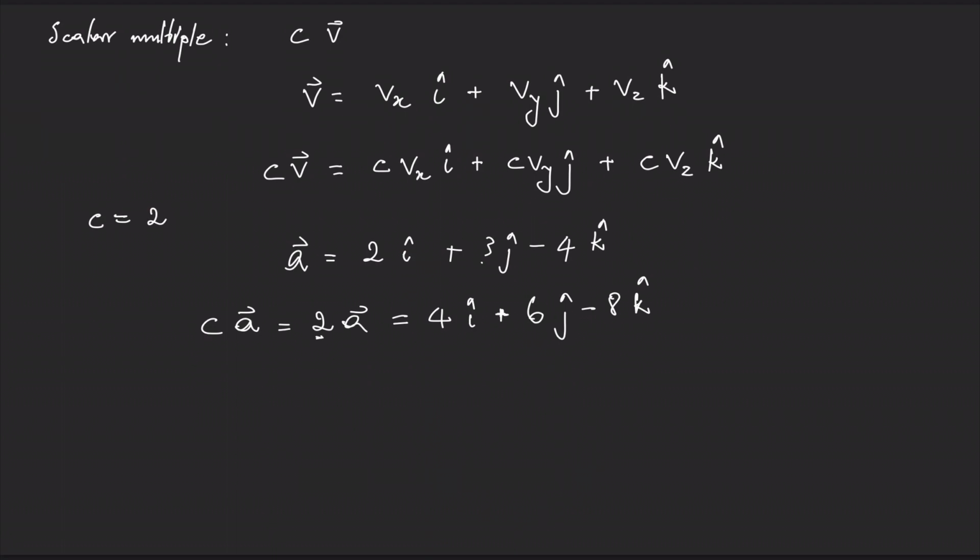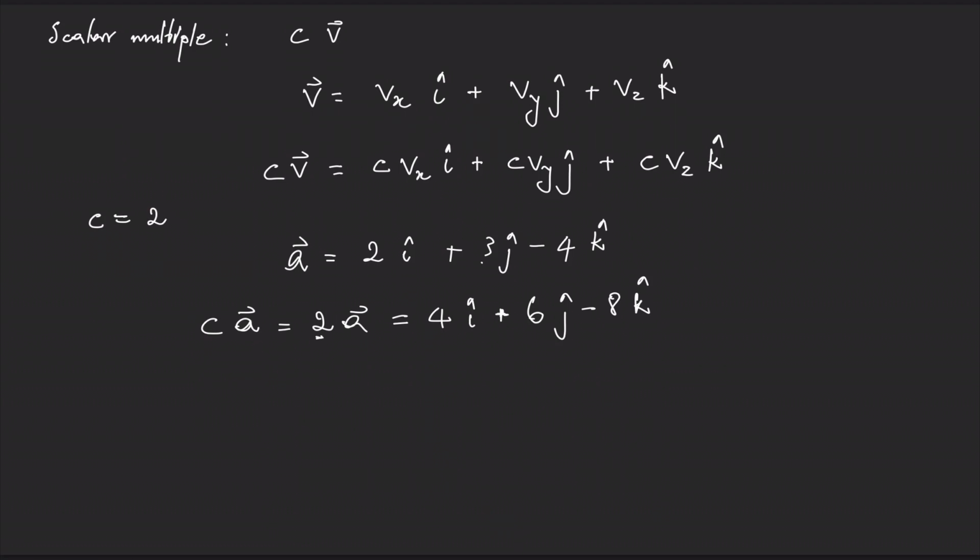So, when we multiply a vector by a number, we obtain another vector, except its components have been doubled in this case, or have been multiplied by the scalar. So this is how we multiply a vector with a scalar, with a number.